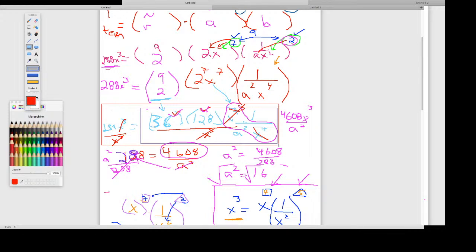So the purpose of this is that they gave you the 288 for the x cubed term. So in order to match that, I had to find the x cubed term, which is what's on this right side. And when I found that, you have an x cubed term equal to an x cubed term. So what happens when you have the same value on both sides? Well, you just divide out both of them on the same side and it gets eliminated, right?